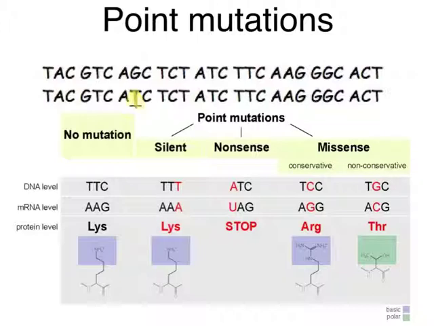Okay, so in this particular instance, this part right here that I just highlighted is the thing that was changed. So it's a point mutation because it occurs at a specific spot. It's also known as a substitution. Now, there are many different types of point mutations, as follows.